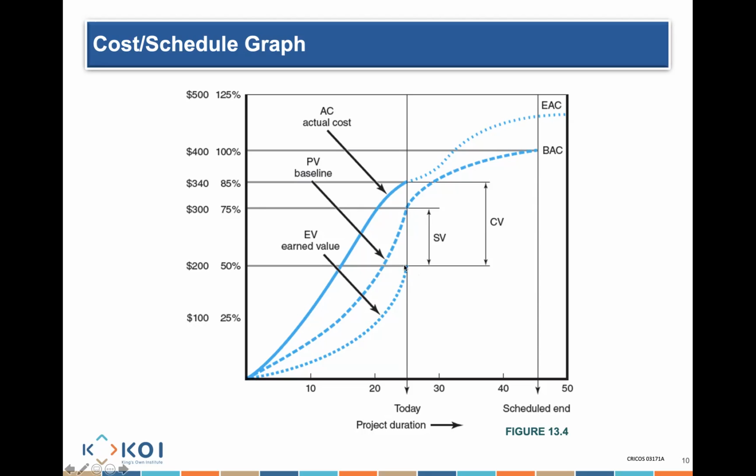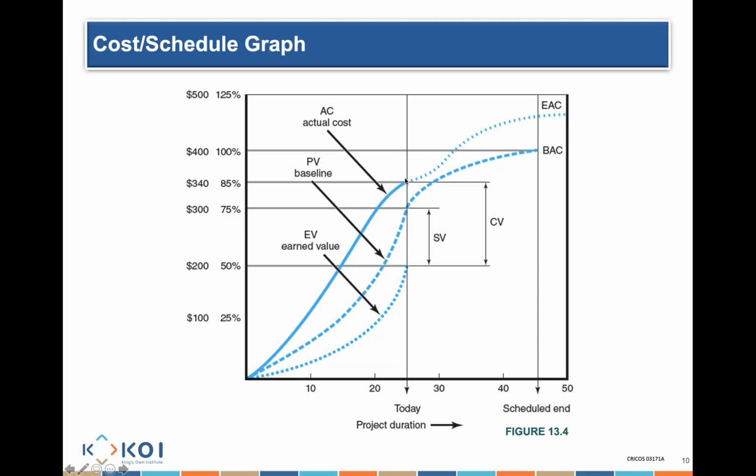Okay, and if I'm earning 200 but it's cost me 340, what can you tell me about the cost? Am I over budget or under budget? I earned $200 worth of work, but for that work I paid 340.